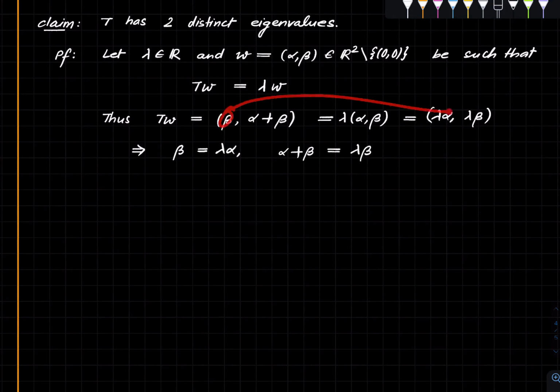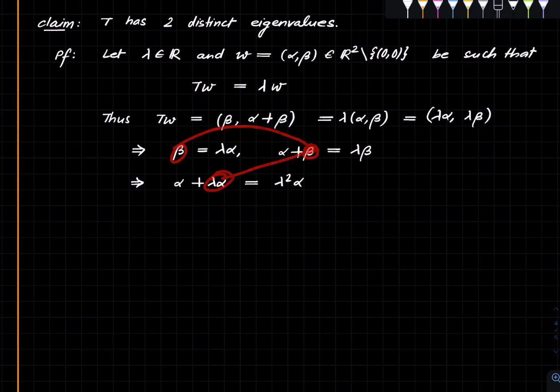What did we do? We just compared the two coordinates. So this gives us alpha plus lambda alpha equals lambda square alpha. If you just eliminate beta, substitute beta as lambda alpha, you will get this equation.